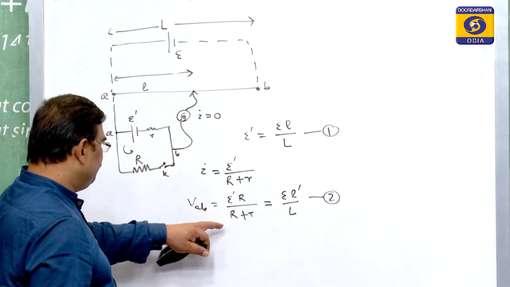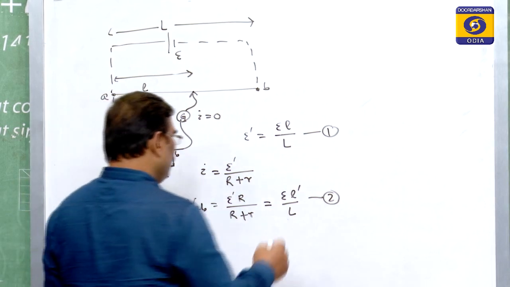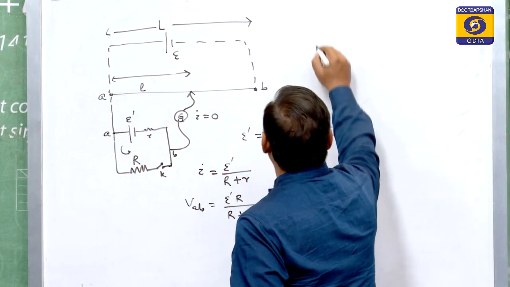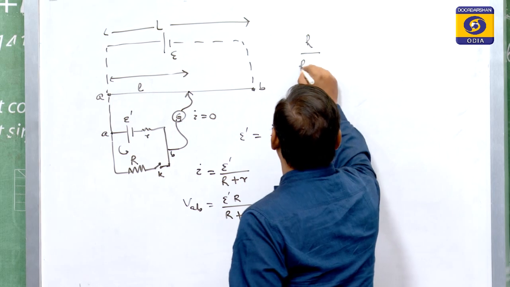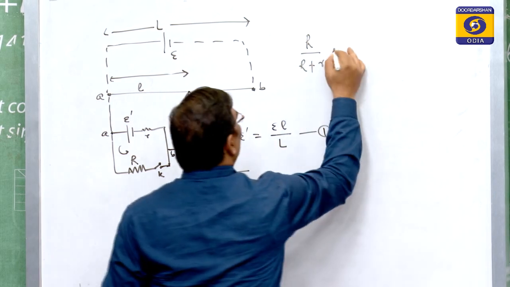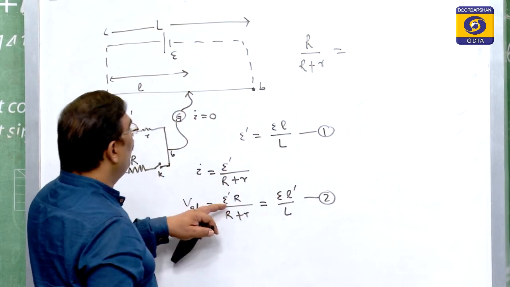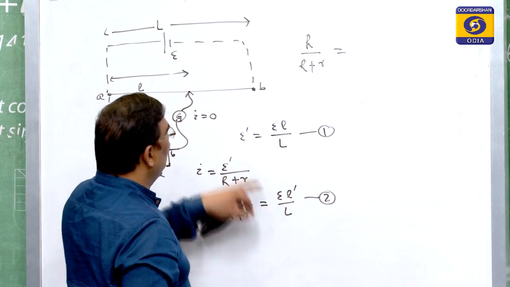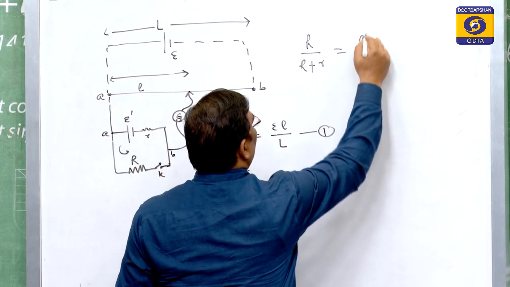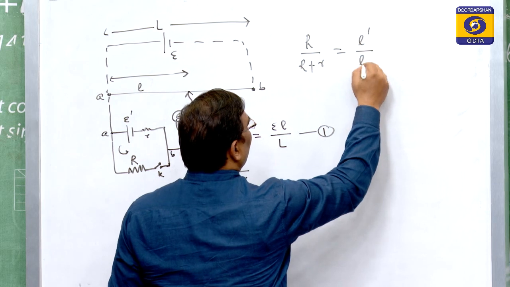Dividing these two, we will get R divided by R plus r is equal to L dash divided by L.